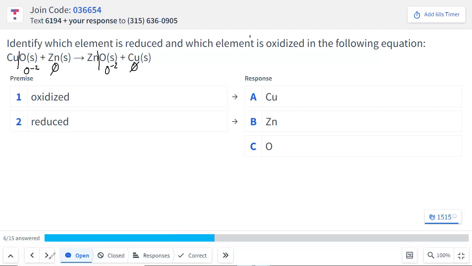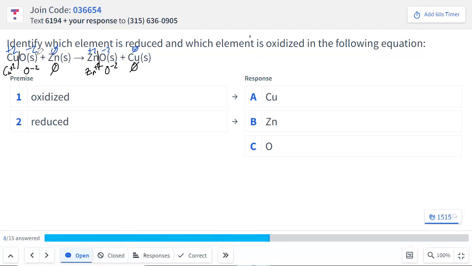And so for charge balance purposes, the zinc is going to have to be +2, and the copper is going to have to be +2. So I've got oxidation states of +2, -2, and 0 on the reactant side, and +2, -2, and 0 on the product side.